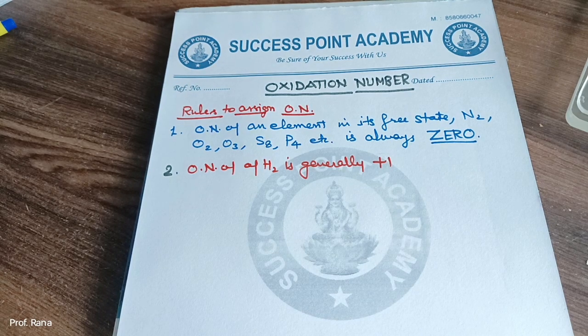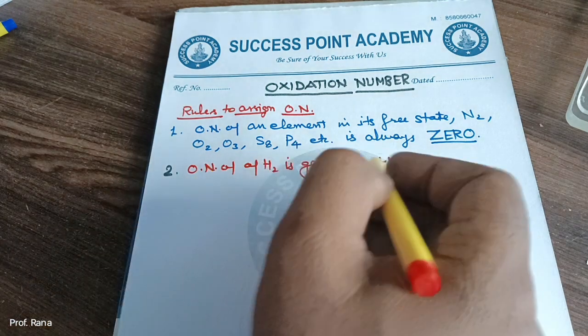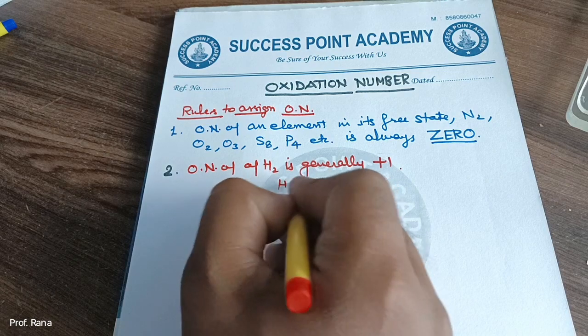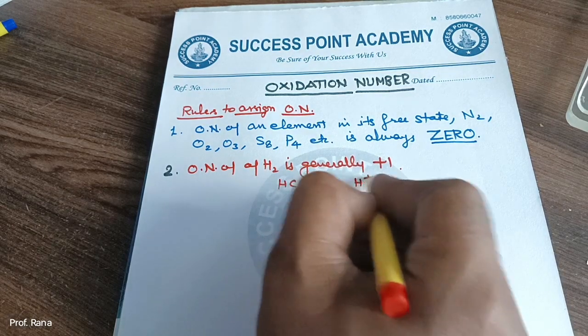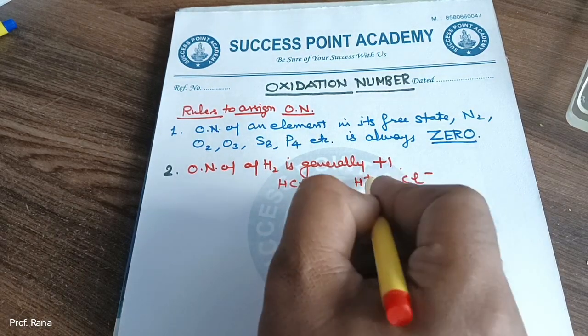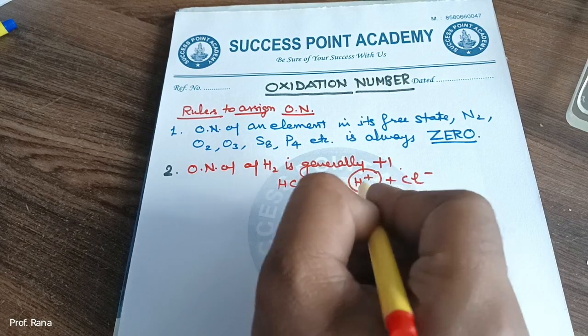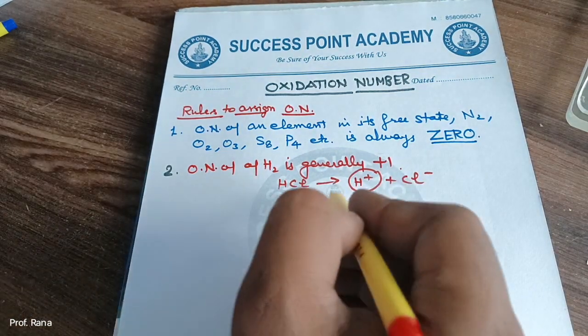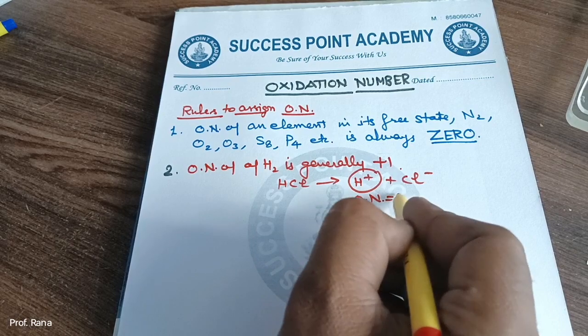So H positive, +1, is the oxidation number of hydrogen. Okay, so oxidation number here is +1.